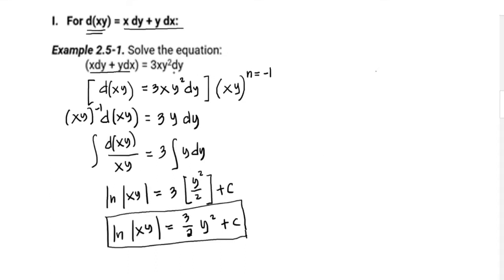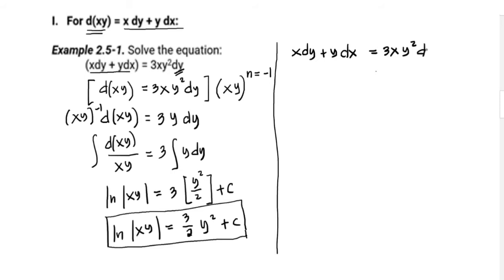How about if the dy here is changed to dx? That will be our next example. So we have here x dy plus y dx equals 3xy squared, and this time this is dx.